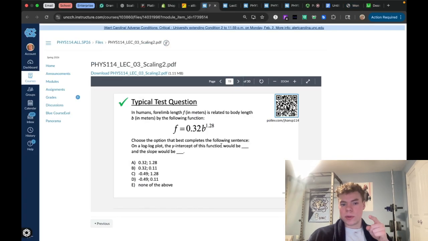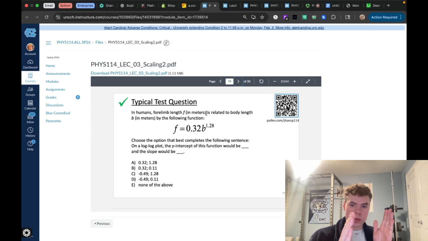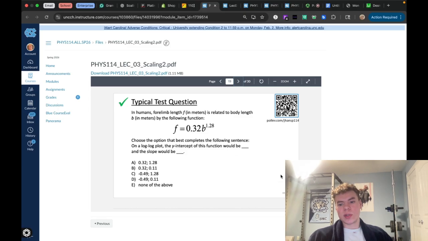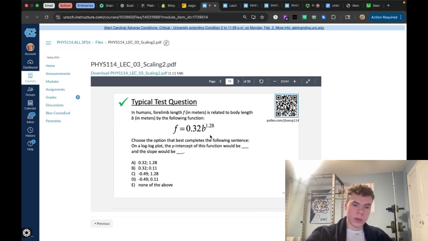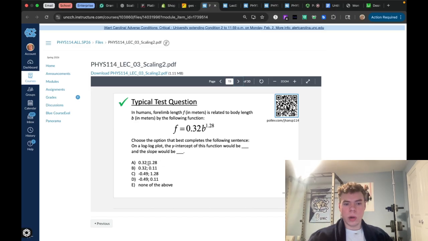So the y-intercept of this function would be 0.32, and the slope would be 1.28. This would be because remember in the last episode we said that if the exponent is greater than 1, then one is growing faster than the other, right? So I'm pretty sure it would be upward trending. It would be more slope, so it would be 1.28.